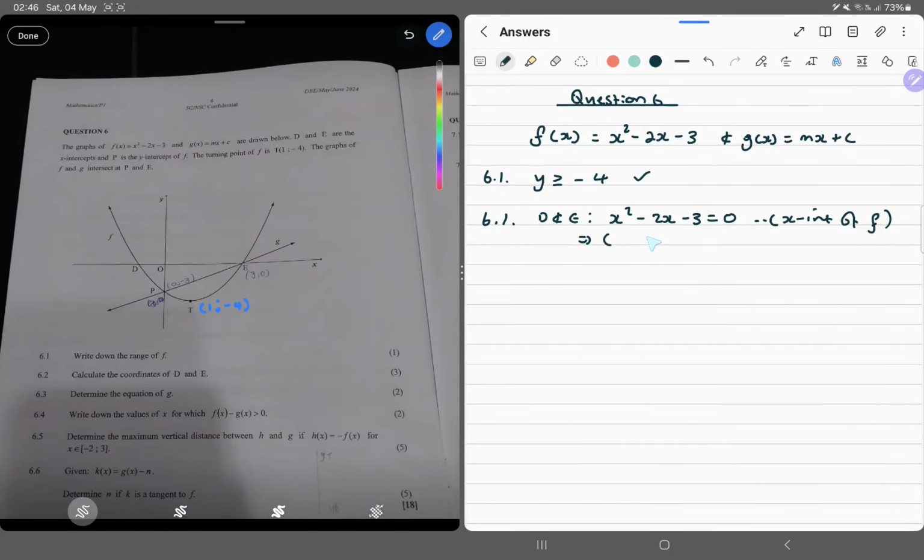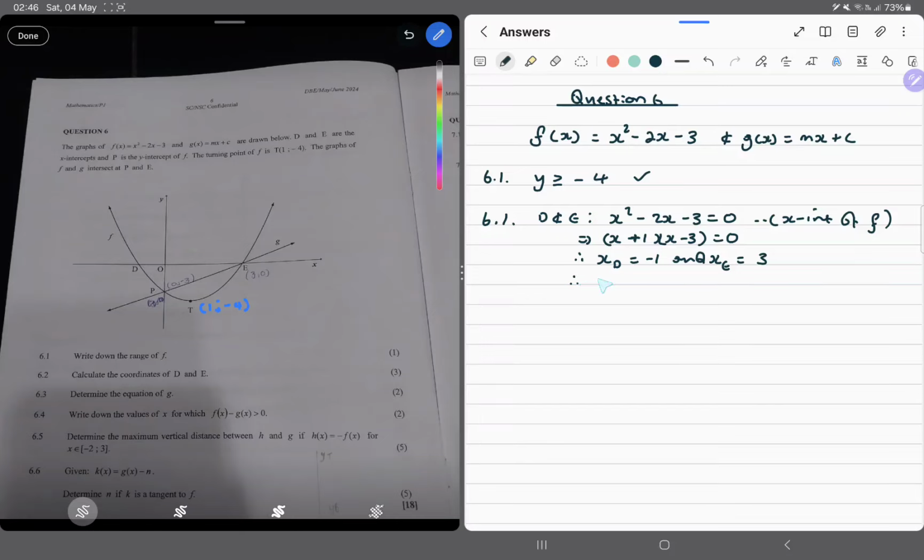Which implies that we can factorize that. So this is (x plus 1)(x minus 3). We can see therefore that x at D, for example, is going to be minus 1, and x at E is going to be 3.